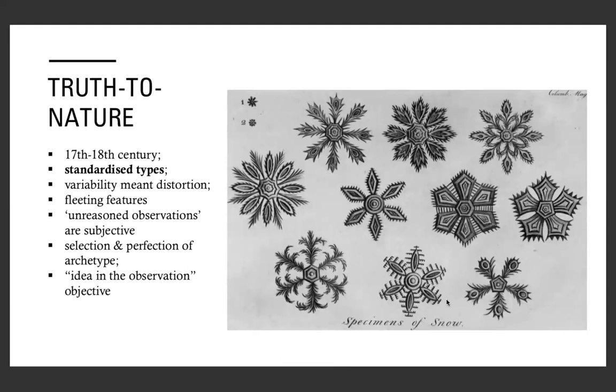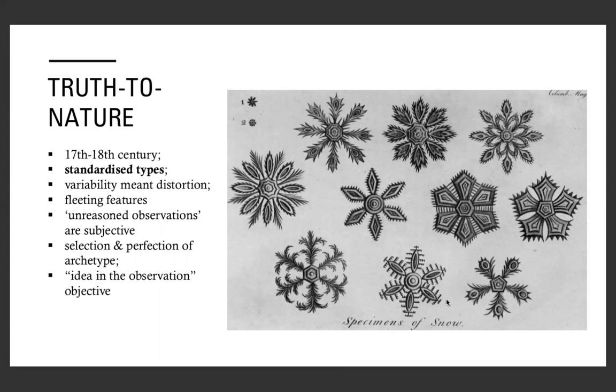This is a standard that was particularly predominant in the 17th and 18th century, and it concerned standardized types. So for the practitioners back then, it meant that the variability in nature, or the unruly tokens, had fleeting features and would not give an accurate or true description of nature.